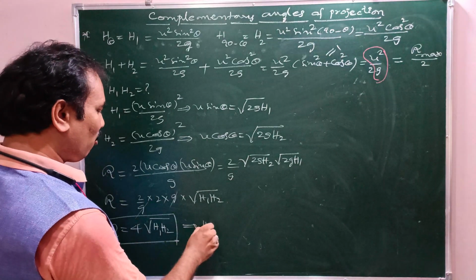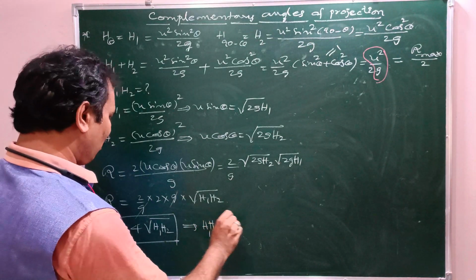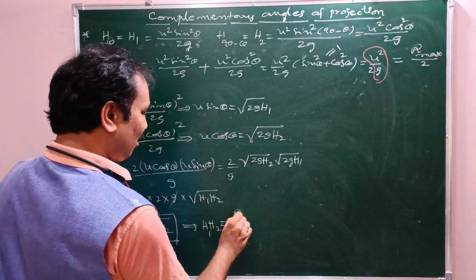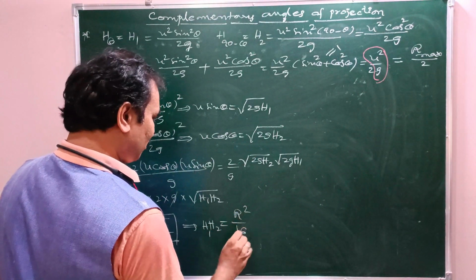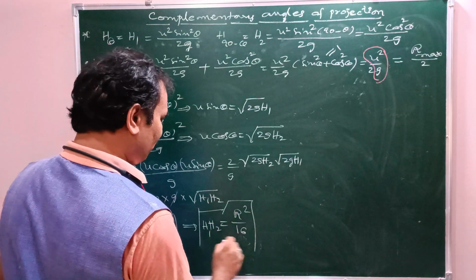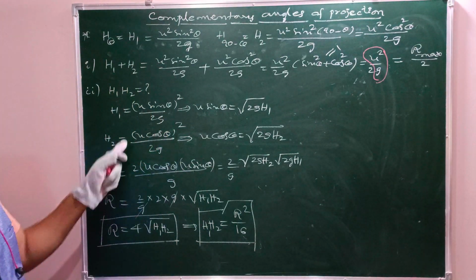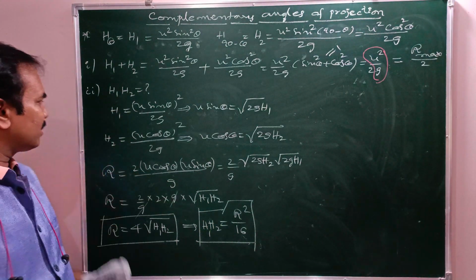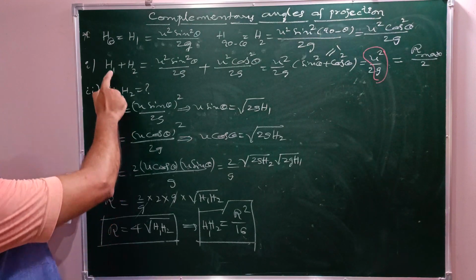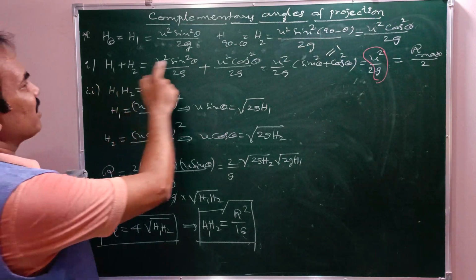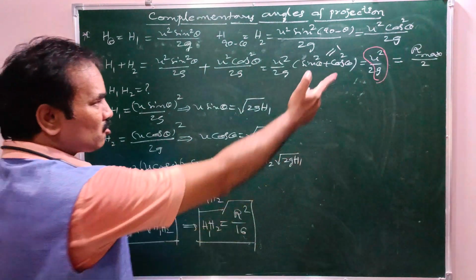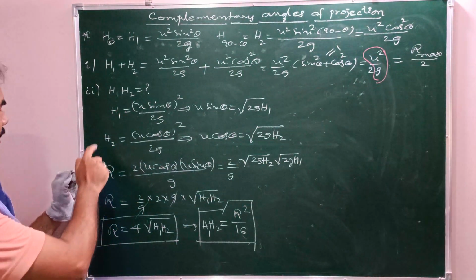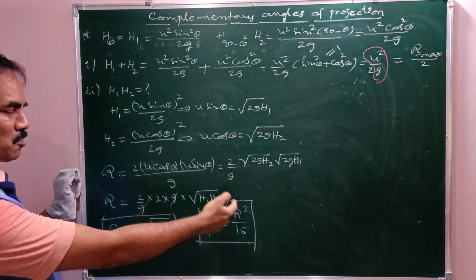So the product h1 h2 equals R square by 16. This is the product of maximum heights in case of complementary angles of projection. The sum is h1 plus h2 equal to R max by 2, otherwise u square by 2g. And h1 into h2 means R square by 16.